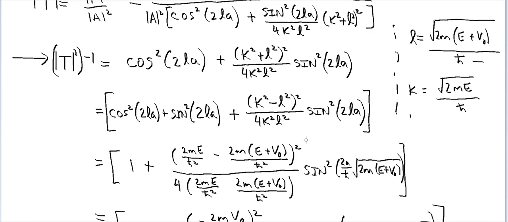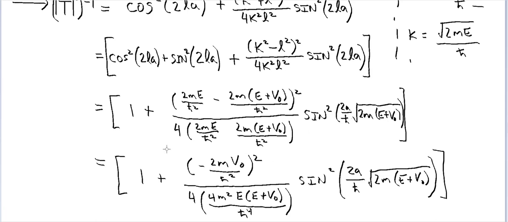This probably still isn't seeming that much simpler, but if I take 2mE and I subtract from it 2m(E + V₀), right?